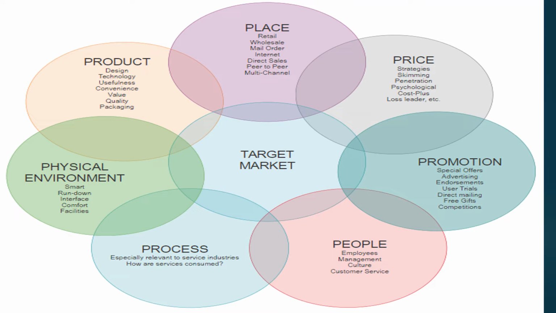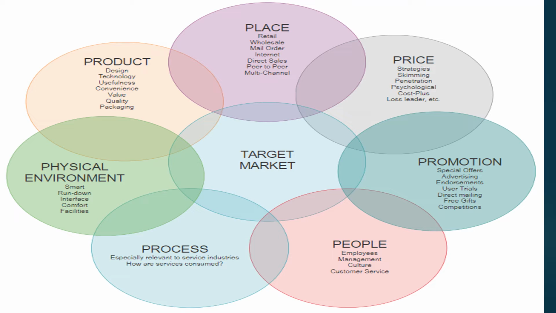They can deliver the products or services under wholesale trade or retail trade, mail order, direct marketing, peer-to-peer, multi-channel, etc. Under price, we have pricing strategies like skimming, penetration, psychological pricing, cost plus pricing, etc.